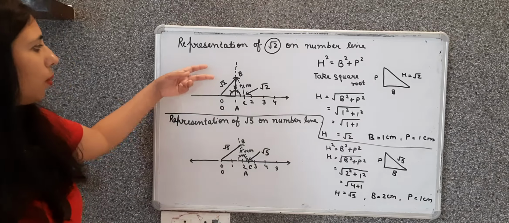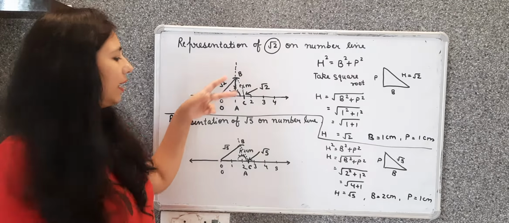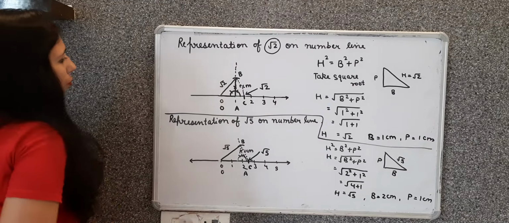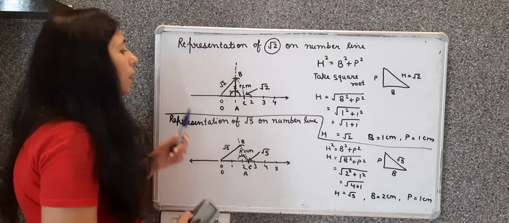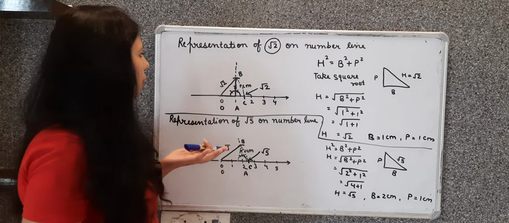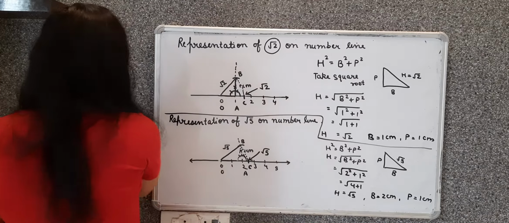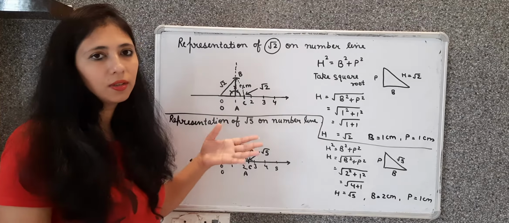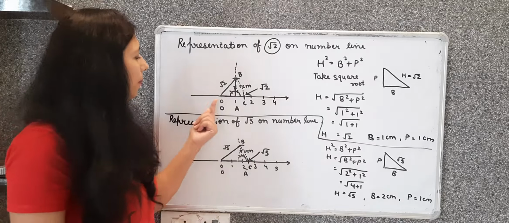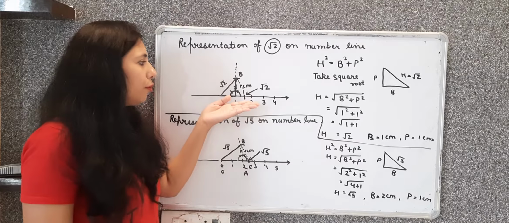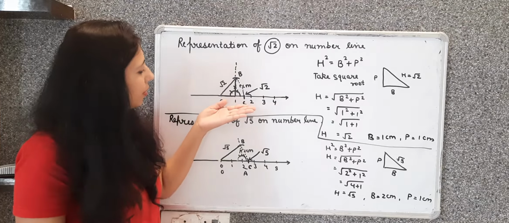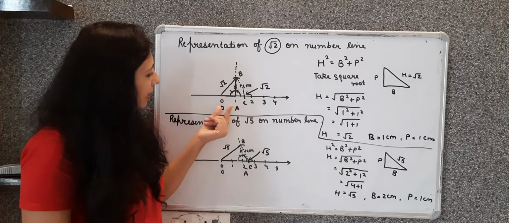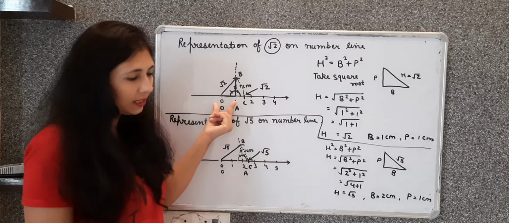So this is how we can represent root 2 on the number line, and how we can represent root 5 on the number line. For this you can also write the steps of construction, and the steps of construction are not difficult; whatever you are doing you can just keep writing in the same way. Like first of all, for root 2, if I want to write the steps, we'll write: draw a number line, then on that number line take distance OA as 1 centimeter.